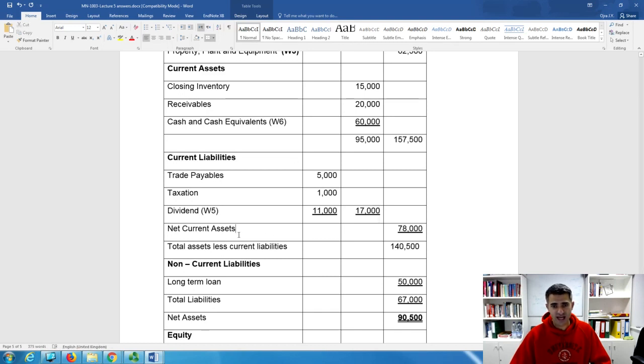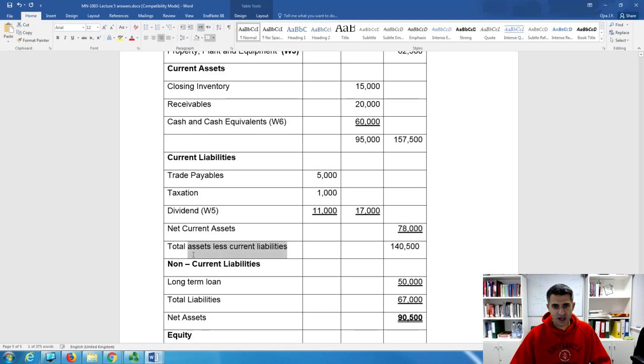So the net current assets equal the total current assets, 95,000, minus the total current liabilities, 17,000. That goes to 78,000 pounds.